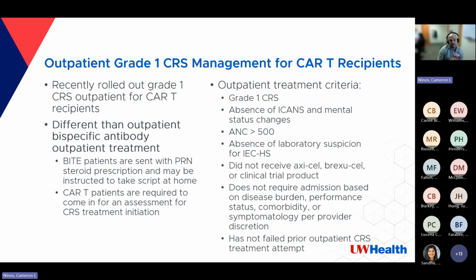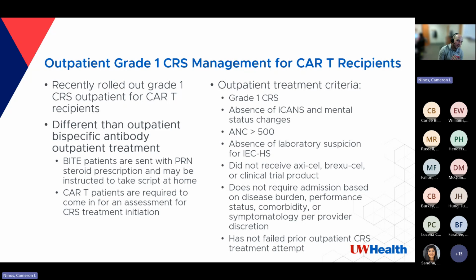If a patient received a bispecific, they might have been sent home with PRN steroids and instructed to take the steroids at home. Because CAR T CRS does tend to be higher grade, our CAR T patients all require being assessed in clinic. So if you get a call as a fellow or APP on this, I would just make sure you're differentiating CRS. Is it a CAR T patient or is it a bispecific patient?